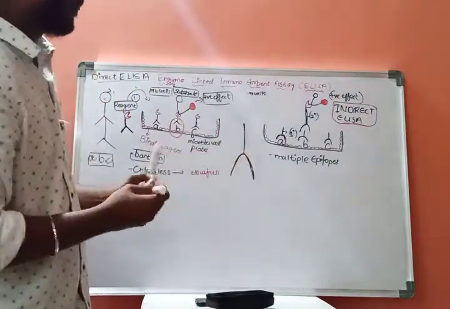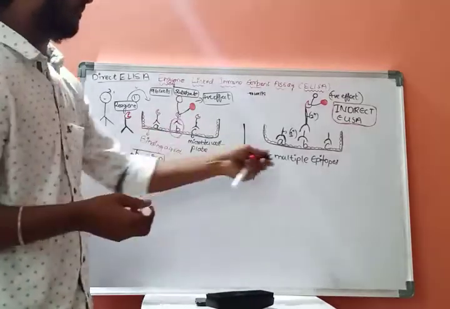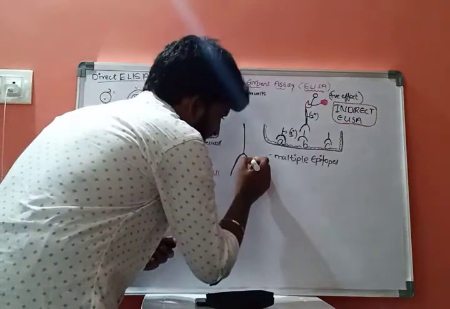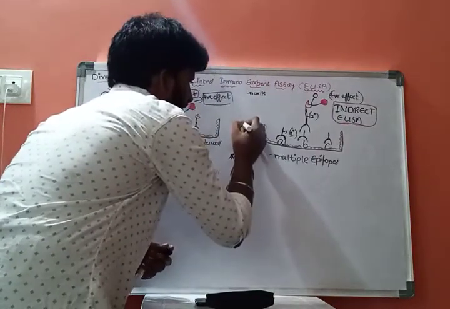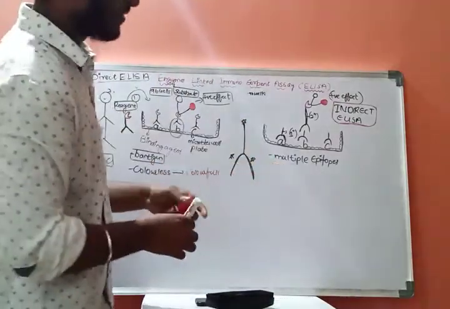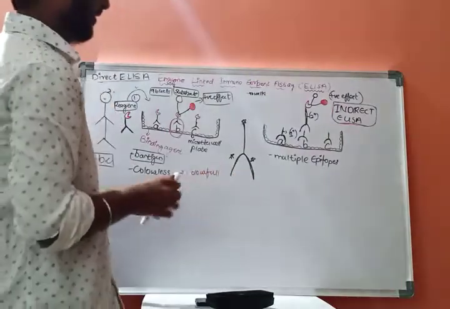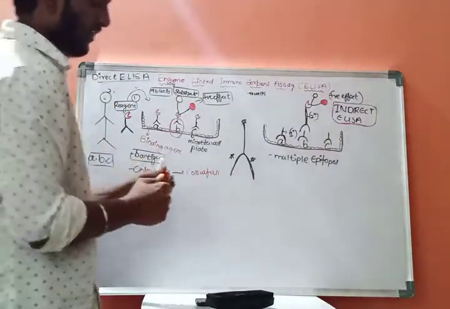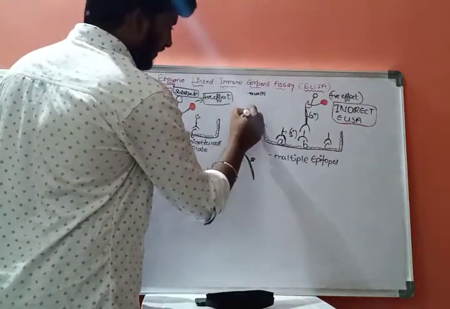It is called an epitope. Now there are multiple epitopes. Let us consider this is a site, and this is a site, and this is a site. There are 3 epitopes present on the antigen.